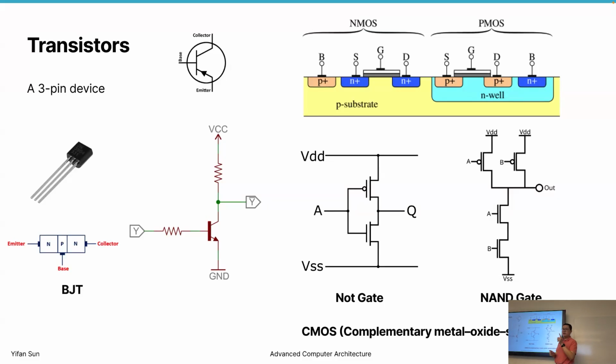So this is how it works. You just don't consider what's N, what's P. Just know if there's a voltage, these two are connected. If there's no voltage, these two are not connected. On the other side, it's the other way around. If there's no voltage, these two are connected. If there's a voltage, these two are not connected. So this is why we call it complementary.